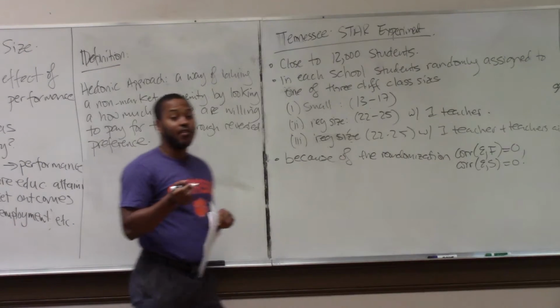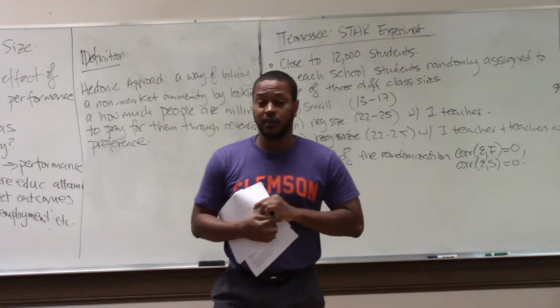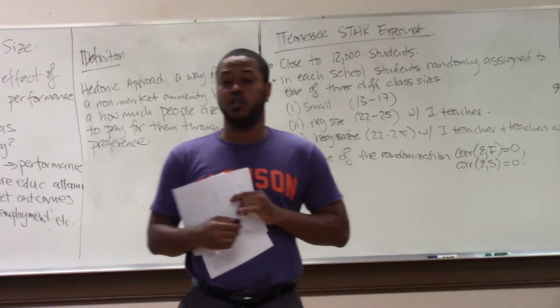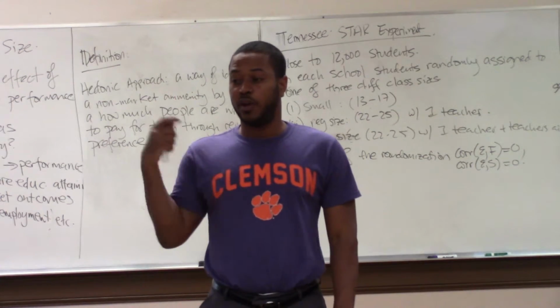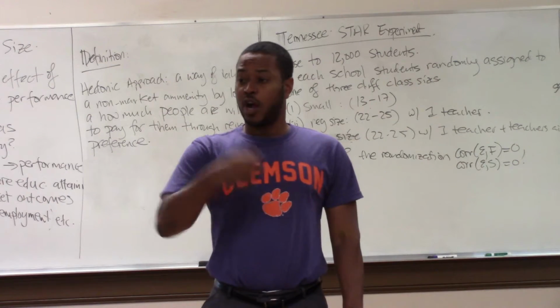And by revealed preference, what we simply mean is the following. You have option A and option B. You choose option A over option B. So by revealed preference, you prefer option A to option B.